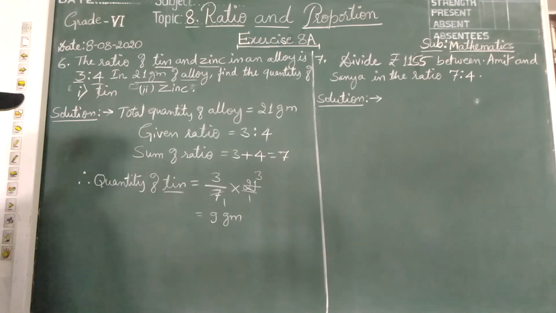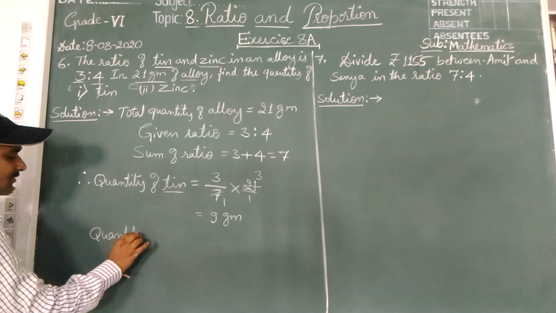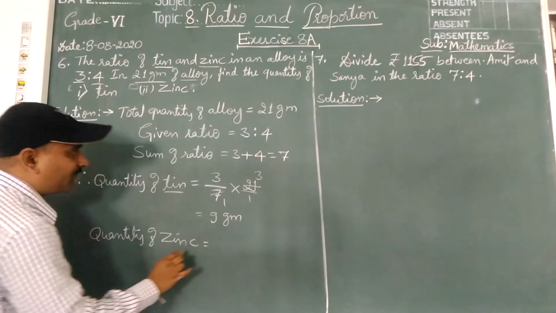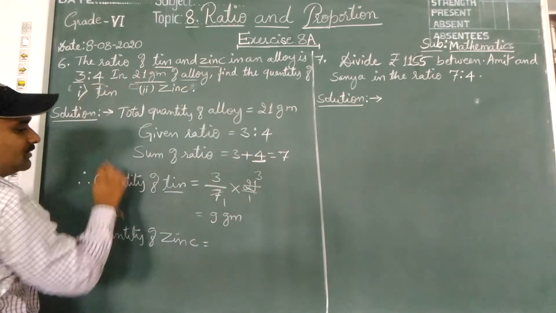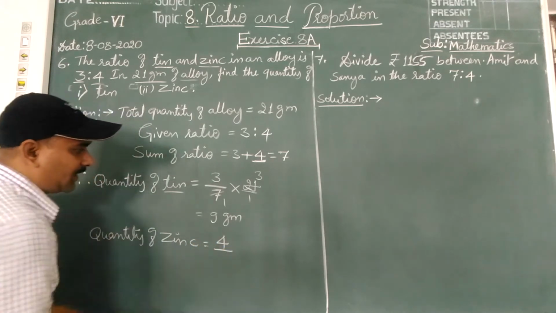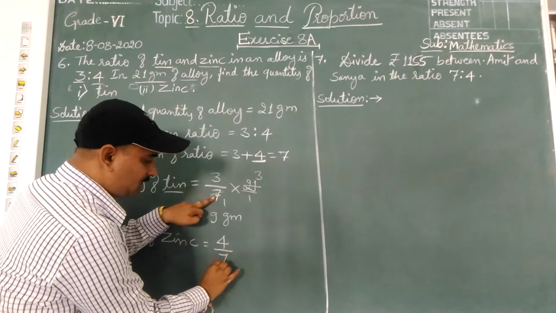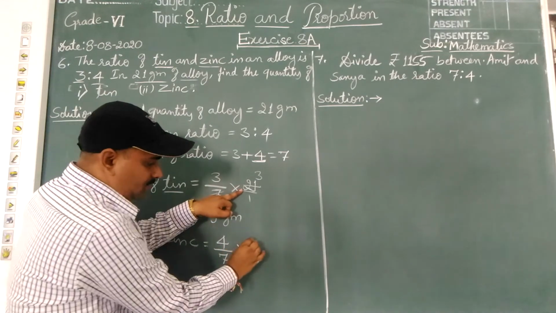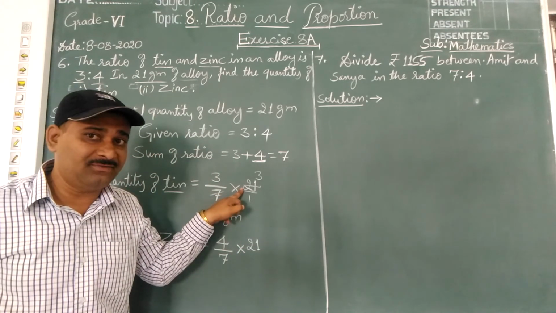Okay, now find the quantity of zinc. What is the quantity of zinc? This we know in the form of ratio. Zinc is 4. So 4, again same steps, children. 4 divided by the sum of the ratio, into the total quantity of alloy.